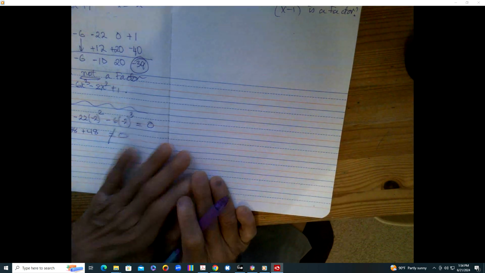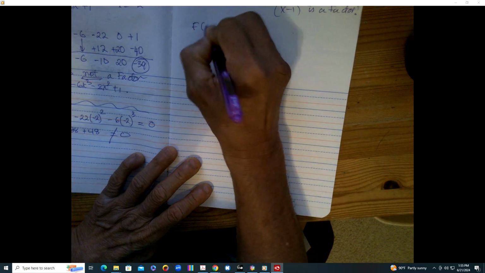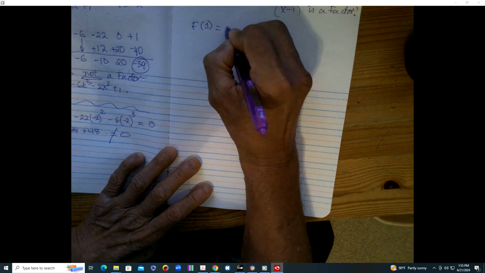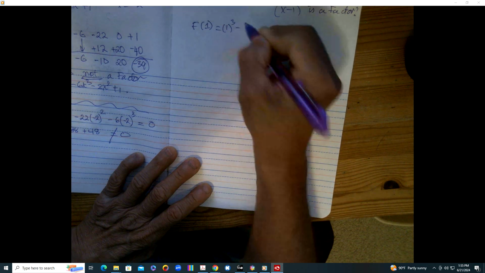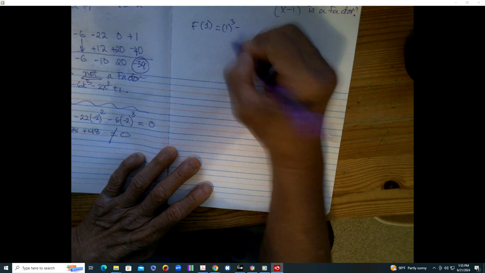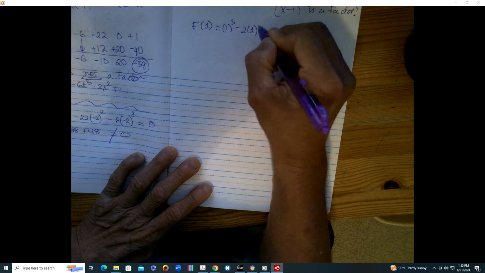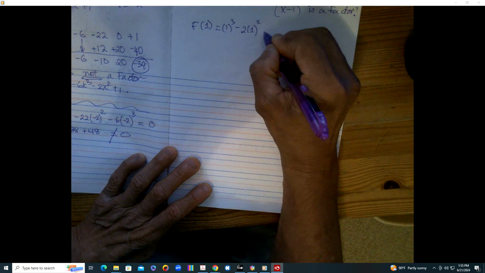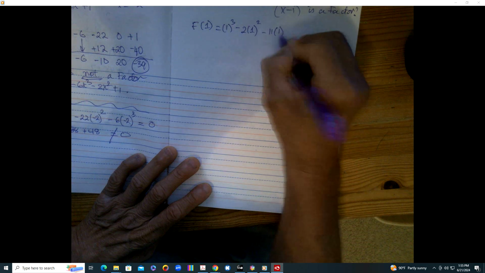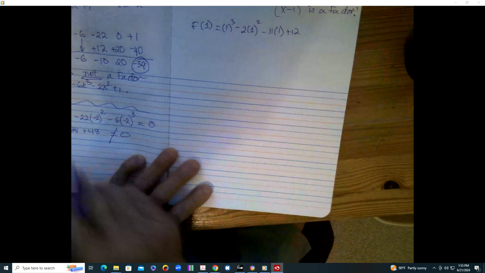The one way we can do is if we insert this function f sub x, we replace x, we insert a 1 inside it, and if the result we add up equals 0, we know that remainder is a 0, then we know that it is a factor. Okay, this is how we're going to do.